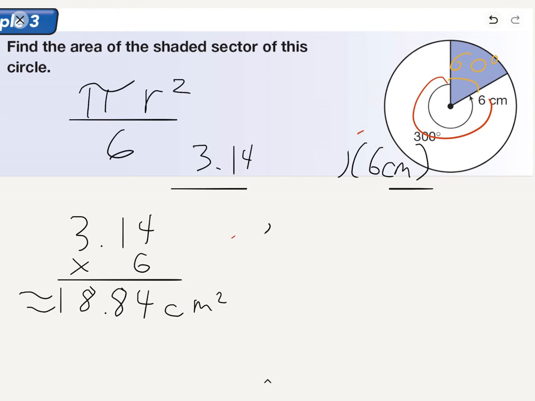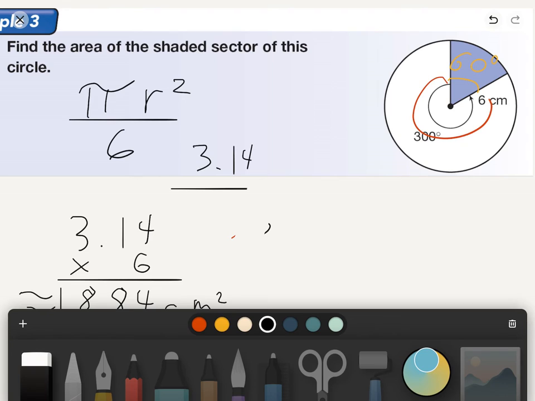You could have done it in a different order. You could have gotten the area of the circle first and then just divided that by 6. That would not have been a problem. They kind of made this simpler by having it all be units of 6.